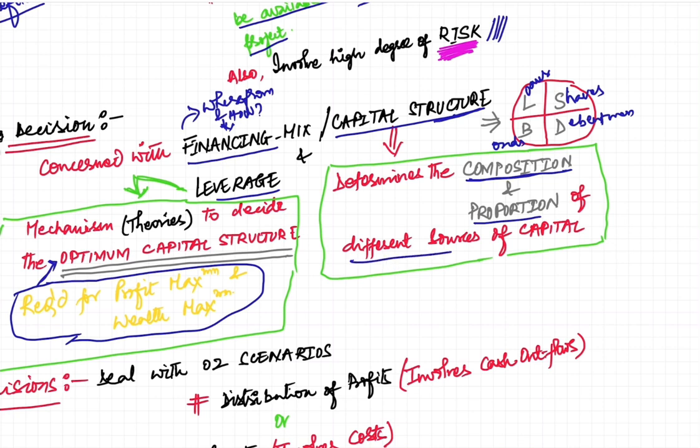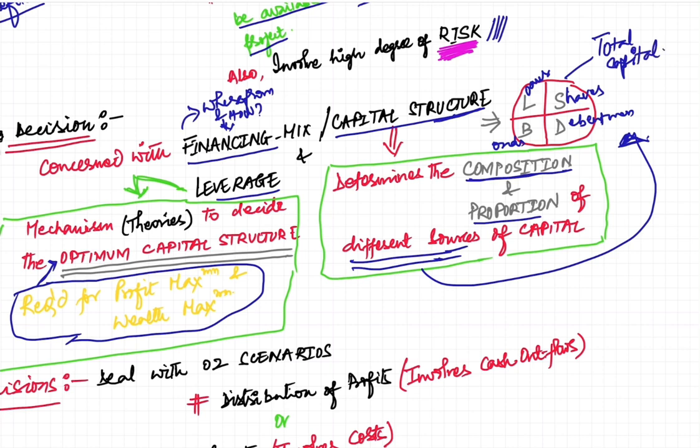These are different sources of capital or different types of capital, right? How much should be the share equity or how much should be the loan percentage of the total capital? Now, this structure reflects the total capital in the business. It may be in the form of shares or debentures or bonds or loans.